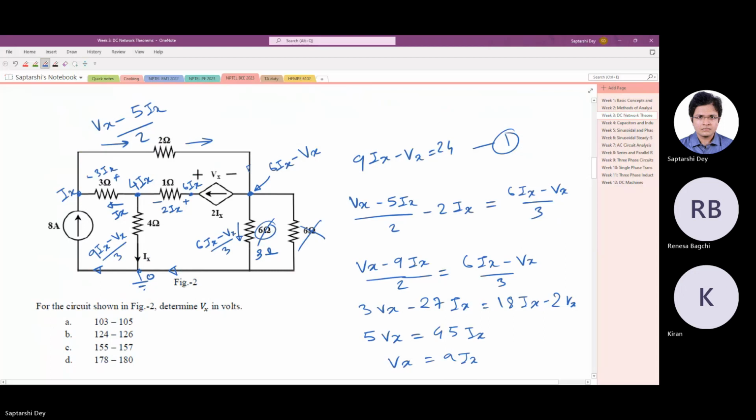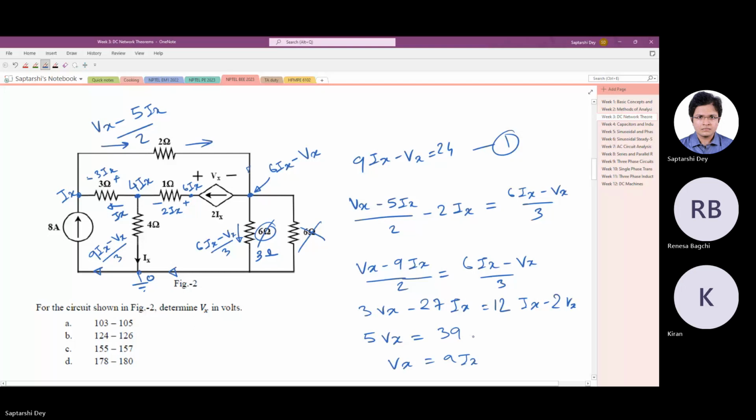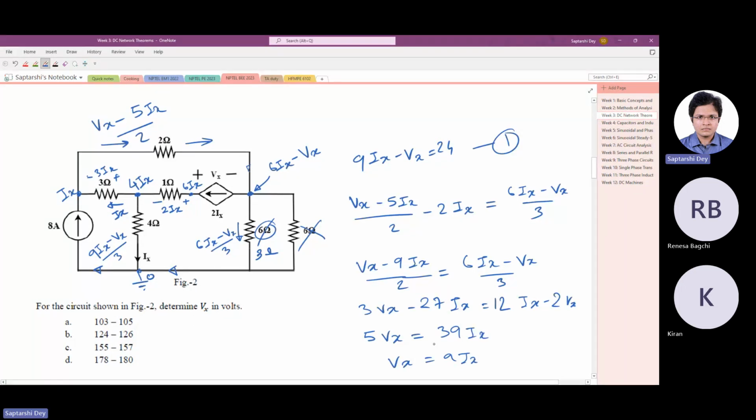3Vx measurement equals 6 into 12. X minus 2Vx. So 5Vx is not 45. 39 Ix.